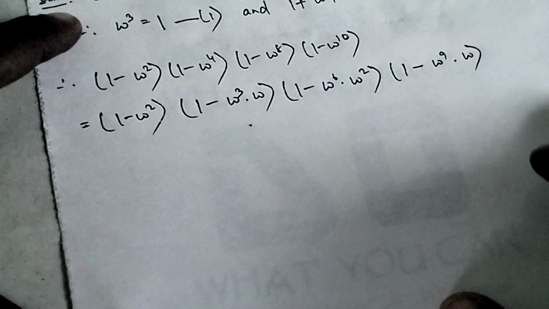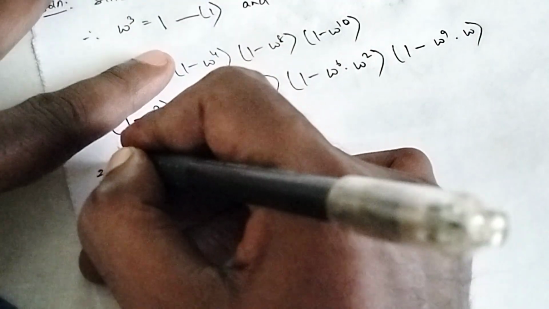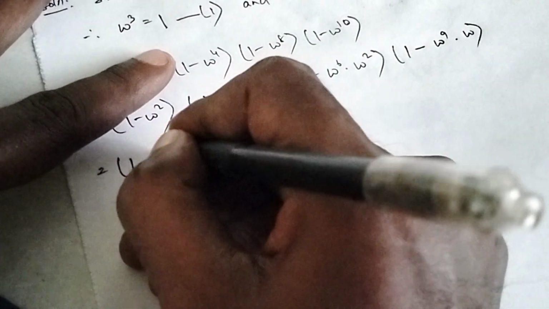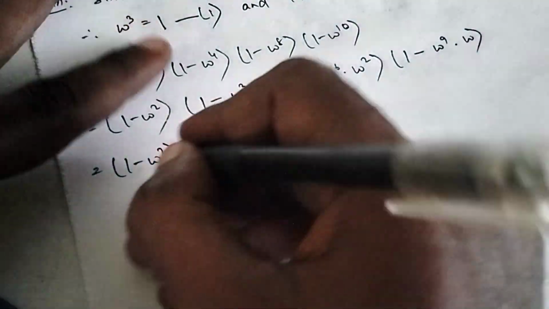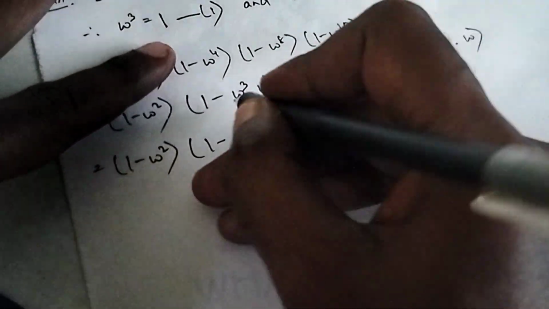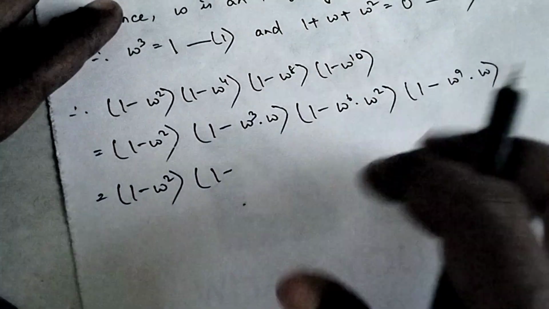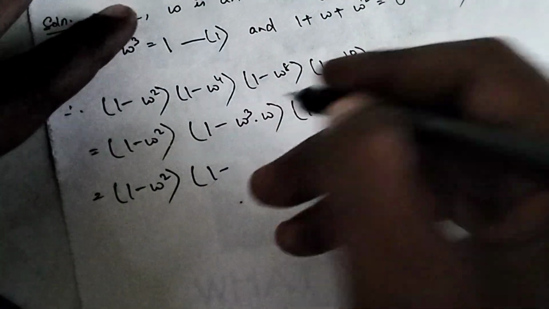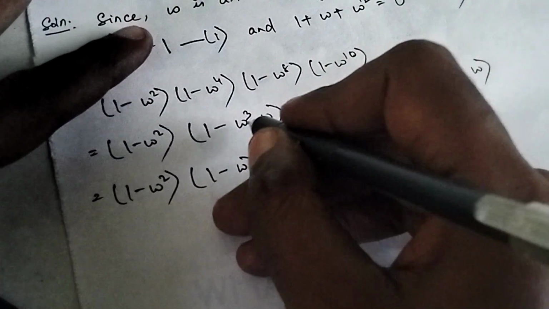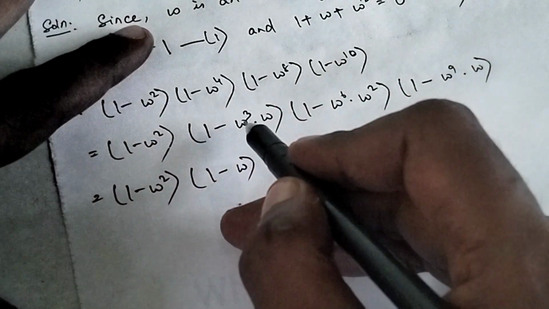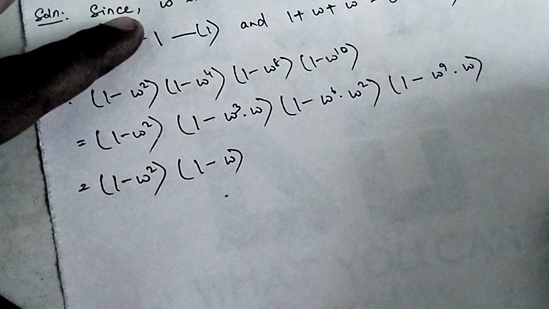Okay, so now 1 minus omega square, then 1 minus omega cube is equal to 1. We know omega cube is equal to 1, so 1 into omega is omega.